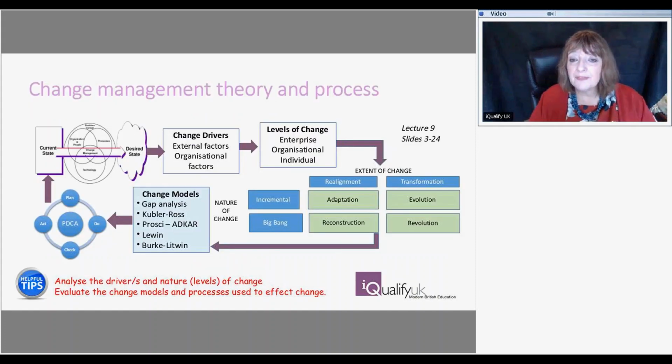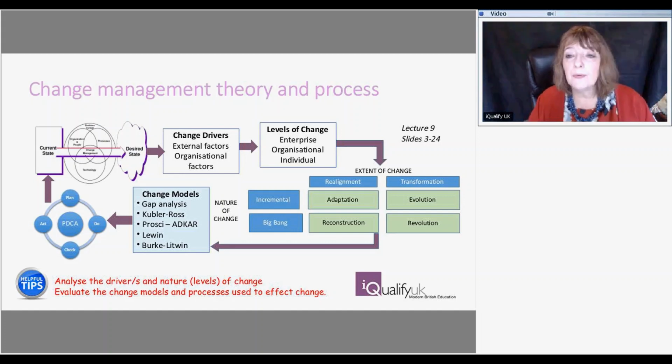So as previously, this is lecture 9, slides 3 to 24. We've captured all of this in one slide. So if you remember correctly, this is part of the change management process. So lectures 9 and 10 were about change.